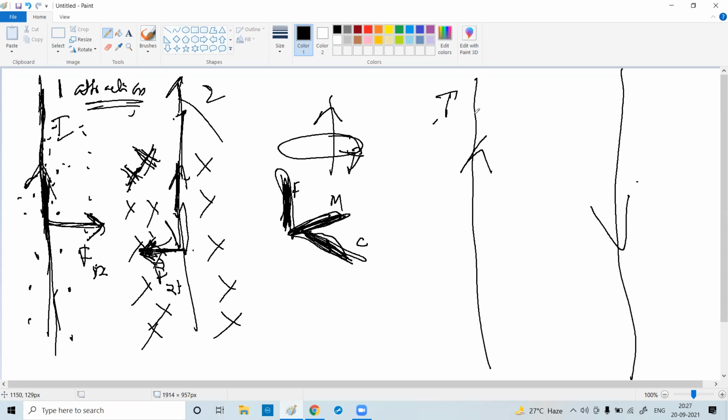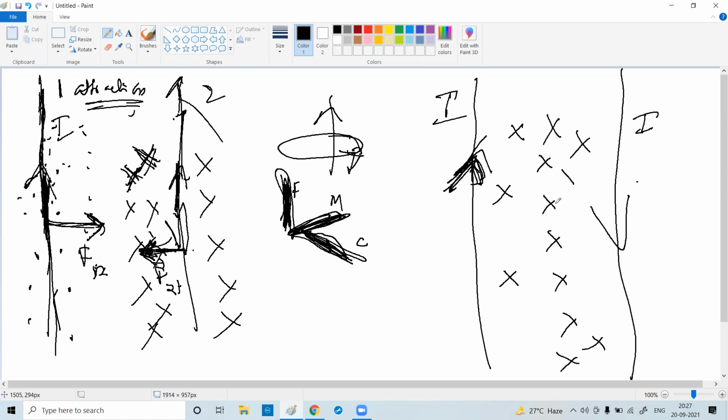Now we will take the opposite case. Current is in the opposite direction. One is going up, one is going down. Now tell me, because of this current, what will the magnetic field be? Cross? Yes or no? And because of this one also, we get cross.